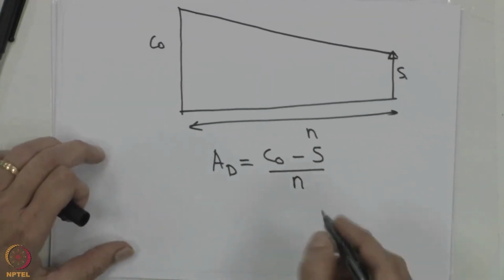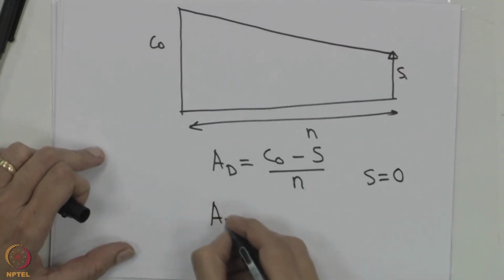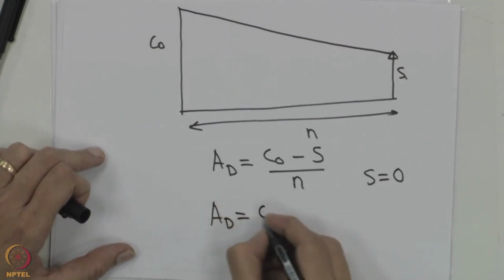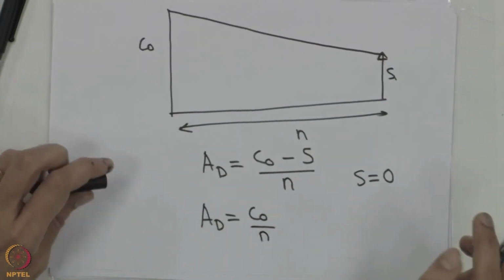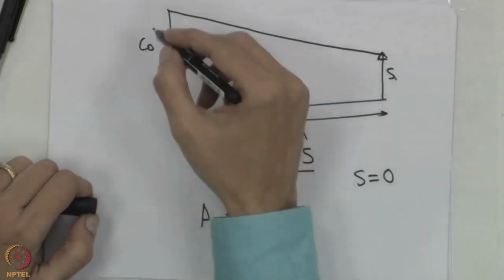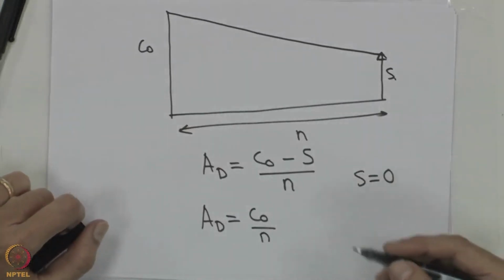There are situations where S is equal to 0, and then the depreciation every year is C0 by N.